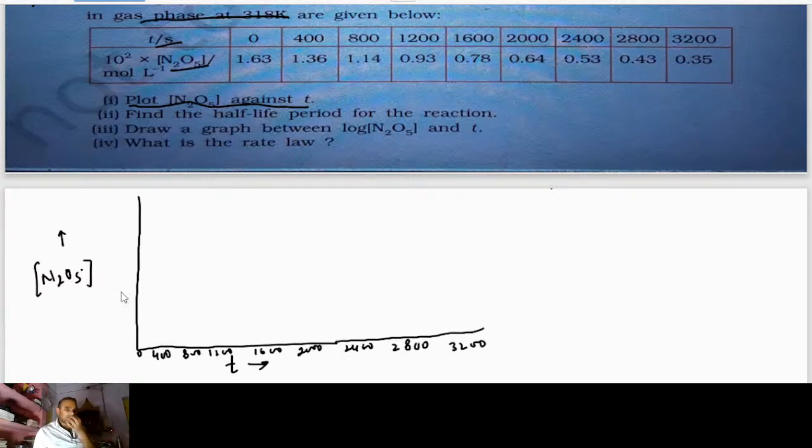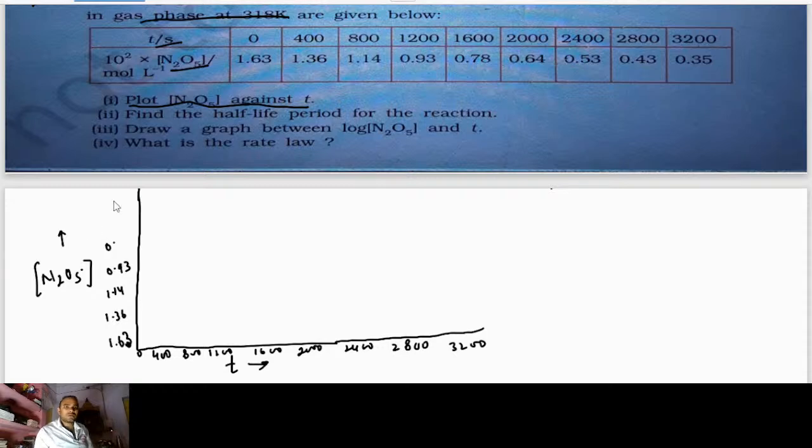Now if you can see the concentration, friend, initially 1.63 is there, next one 1.36, next one 1.14, next one 0.93.